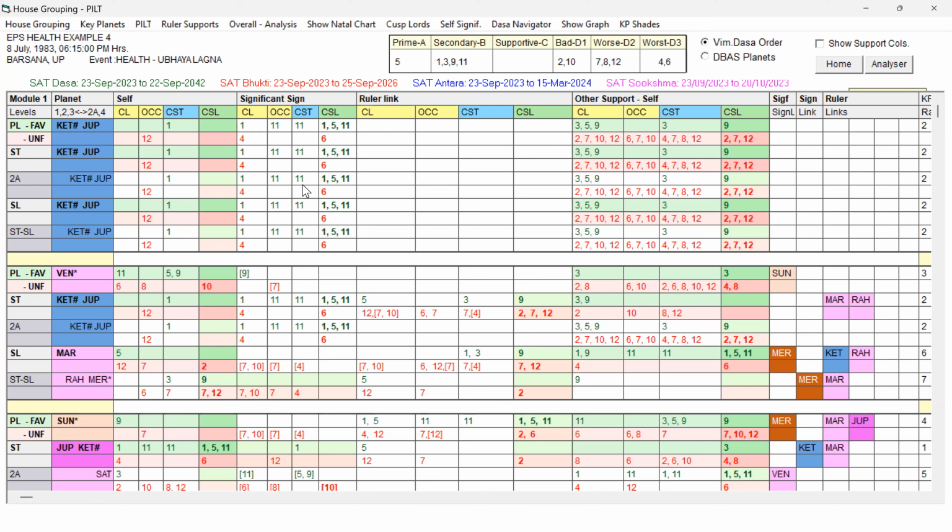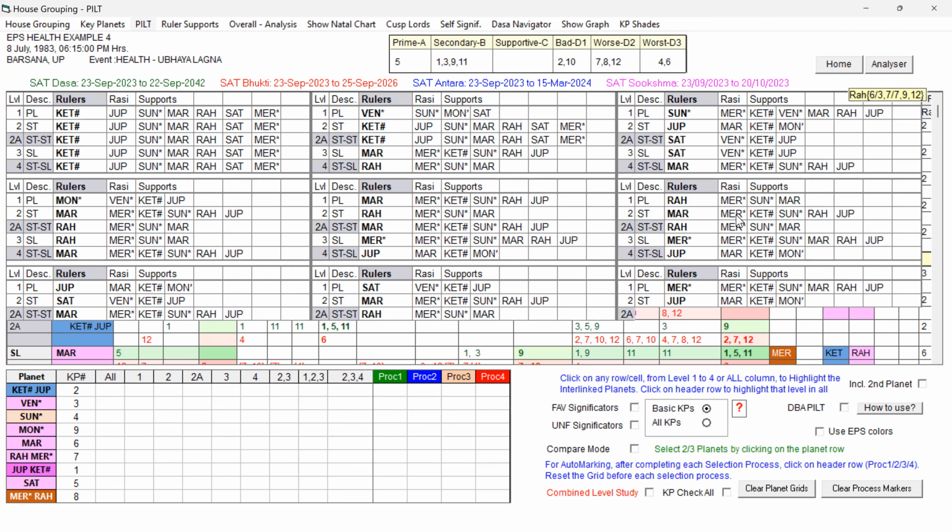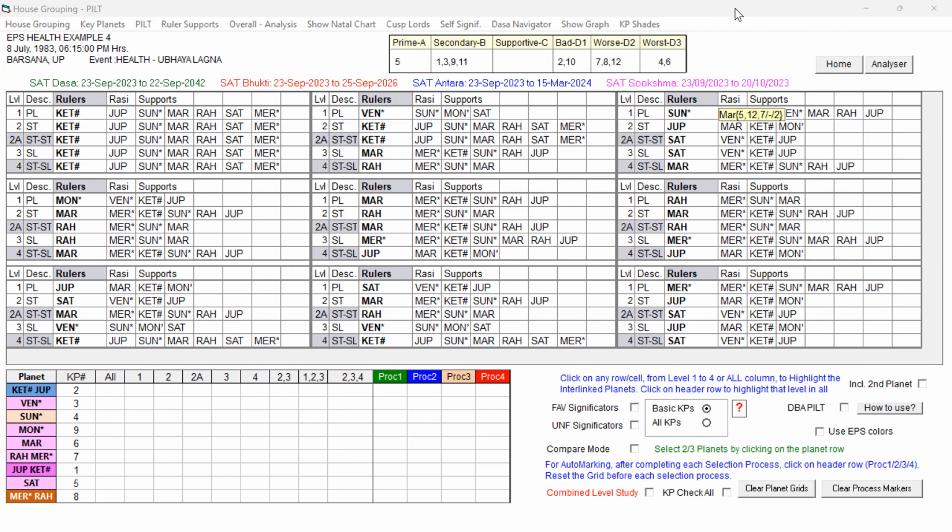They can give trouble to the Lagna. So only those things we can focus on in this PILT table, because level-wise grouping and type of destiny, all these things we can find only with the EPS tables. Now let us make use of this PILT table in identifying the planets which are prone to give troubles.